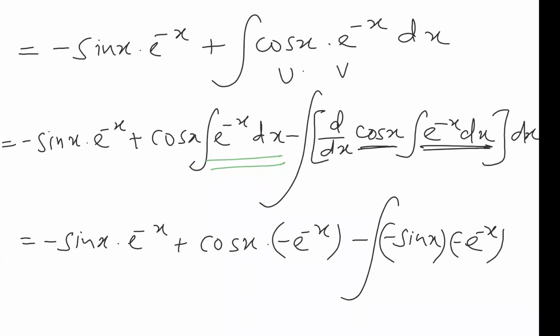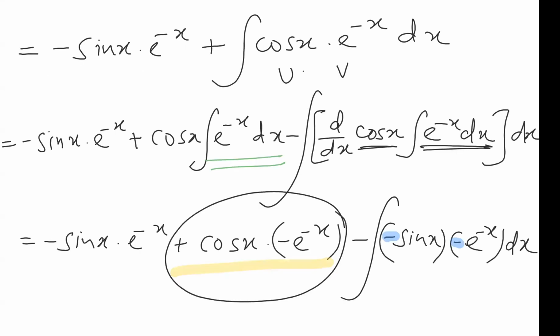Now just take a look at the next step, which I'm going to write. First of all, I'm going to write this yellow colored term as minus cos x e raised to minus x, and at the same time, this blue colored minus into minus, I'll make it as plus. So just see what is happening.